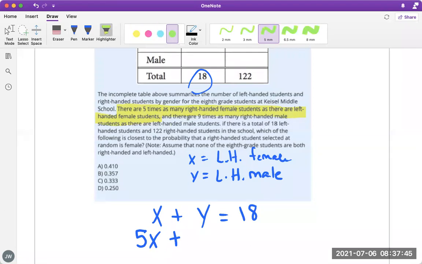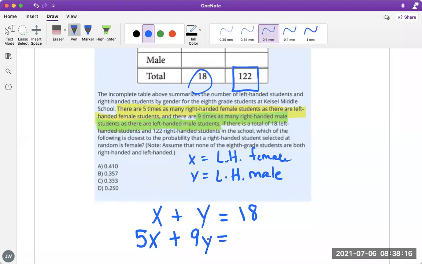Let's find it. 9 times as many right-handed male students as there are left-handed male students. So since we are comparing right hand based off of the left hand, we're going to use 9 times the number of left hands. And then what was the total number of right-handed? You guys remember? Go back to our chart.